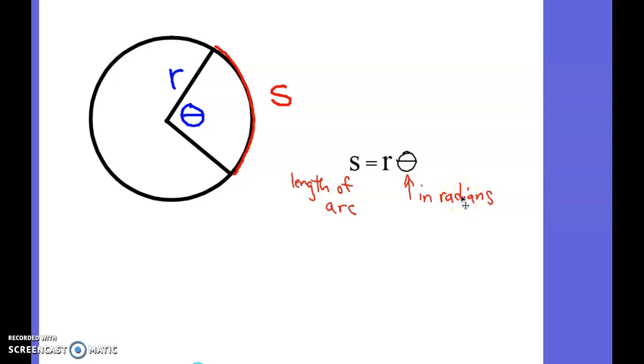In America, we use degrees. In France, we have to use radian language. So make sure that theta is in radians. It's just naming an angle, speaking an angle in a different language. In America, we speak it in degrees. In France, we'll pretend that we're speaking it in radians.